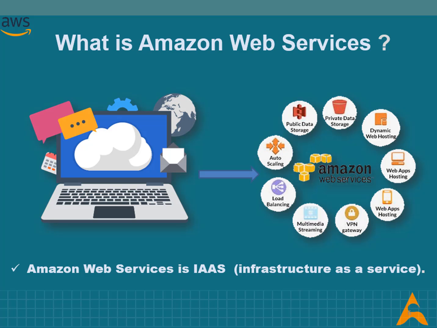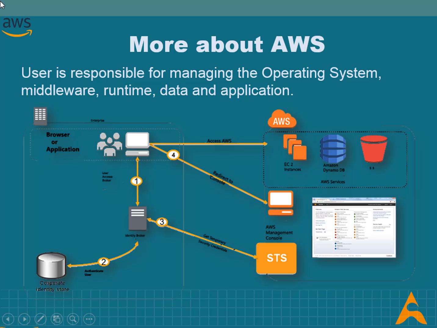These virtual computers have most of the attributes of a real computer, including hardware for processing, local or RAM memory, hard disk storage, a choice of operating system, networking, and preloaded application software such as web servers, databases, CRM, etc. Each AWS system also virtualizes its console, allowing AWS subscribers to connect to their AWS system using a browser. The browser acts as a window into the virtual computer, letting subscribers log in, configure, and use their virtual system just as they would a real physical computer.